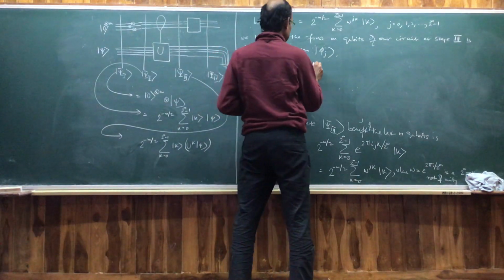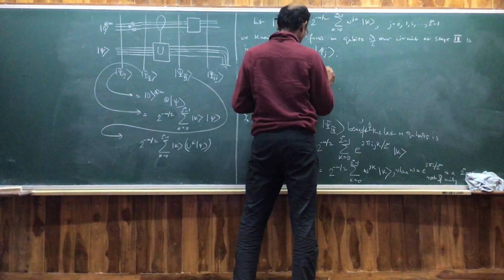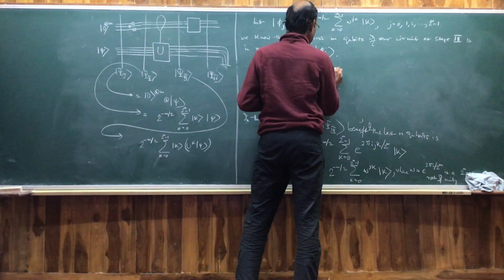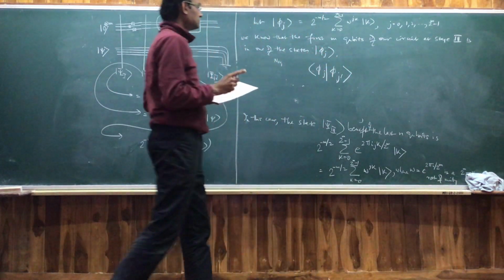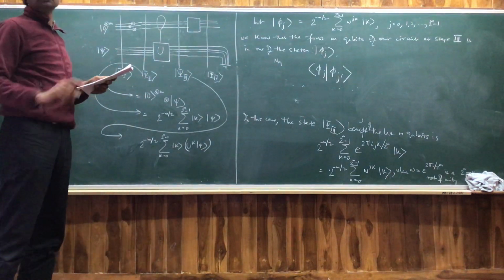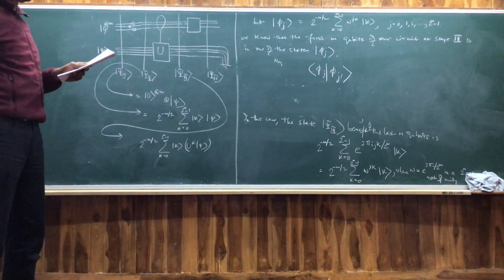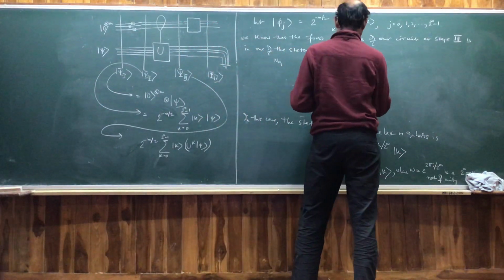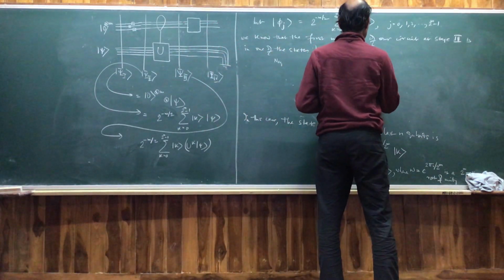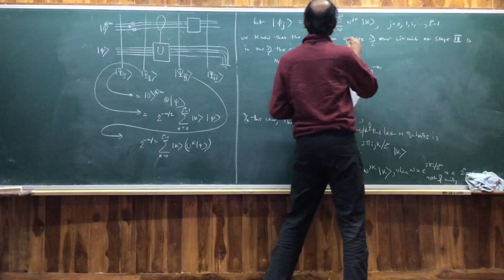Now, let us calculate this quantity for some j and j prime.